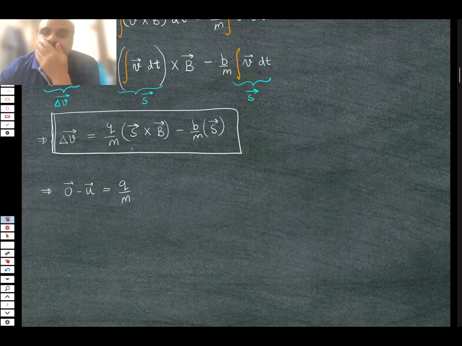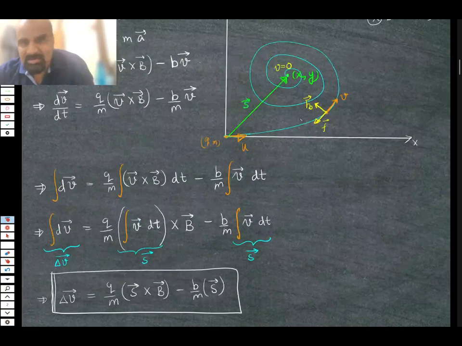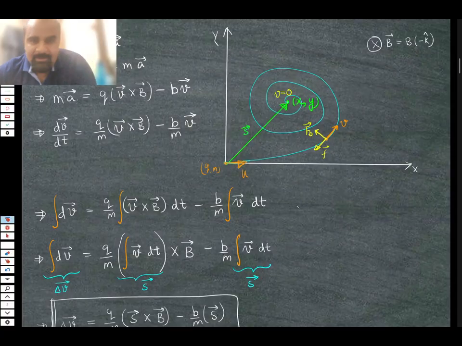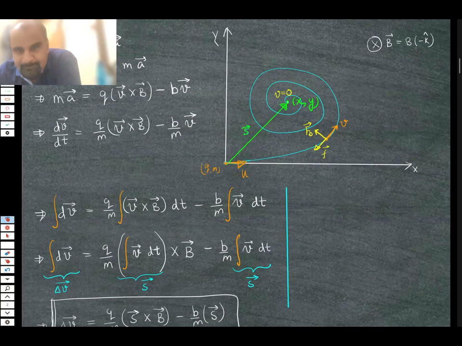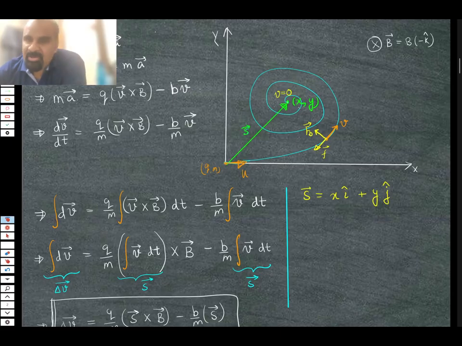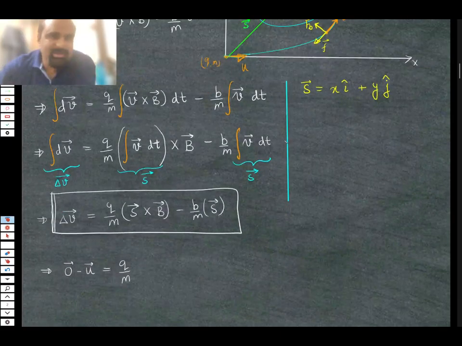Okay, s vector I can write. Let's see. So displacement I can write, in vector form, as x i cap plus y j cap. Okay, and now I'm going to do some mathematics.